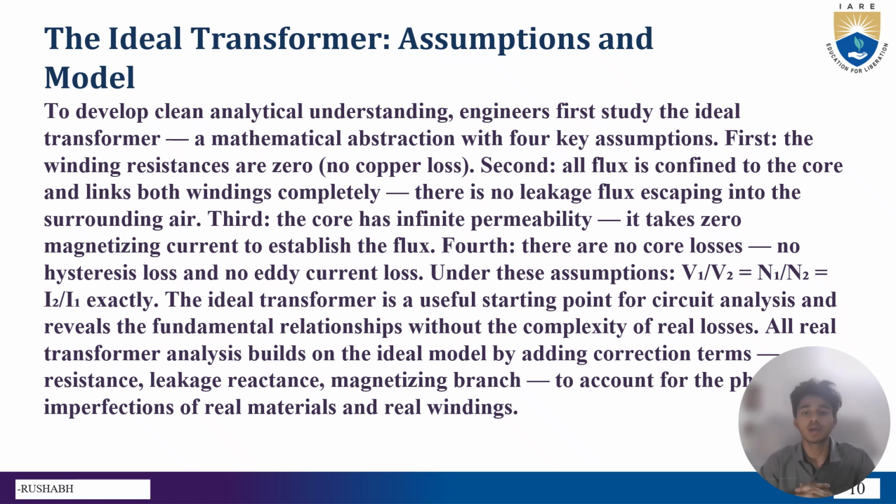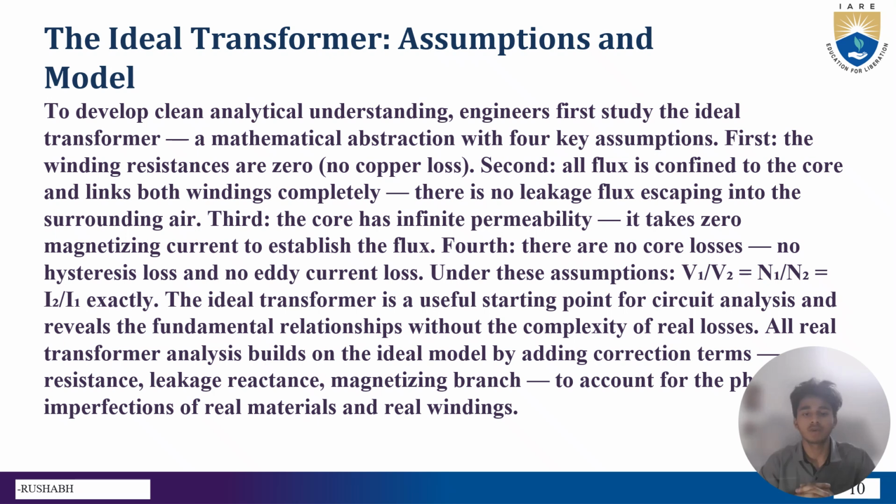Third, the core has infinite permeability. It takes zero magnetizing current to establish the flux. Fourth, there are no core losses, no hysteresis loss and no eddy current loss. Under these assumptions, V1 by V2 is equal to N1 by N2 is equal to I2 by I1 exactly. The ideal transformer is a useful starting point for circuit analysis and reveals the fundamental relationships without the complexity of real losses.